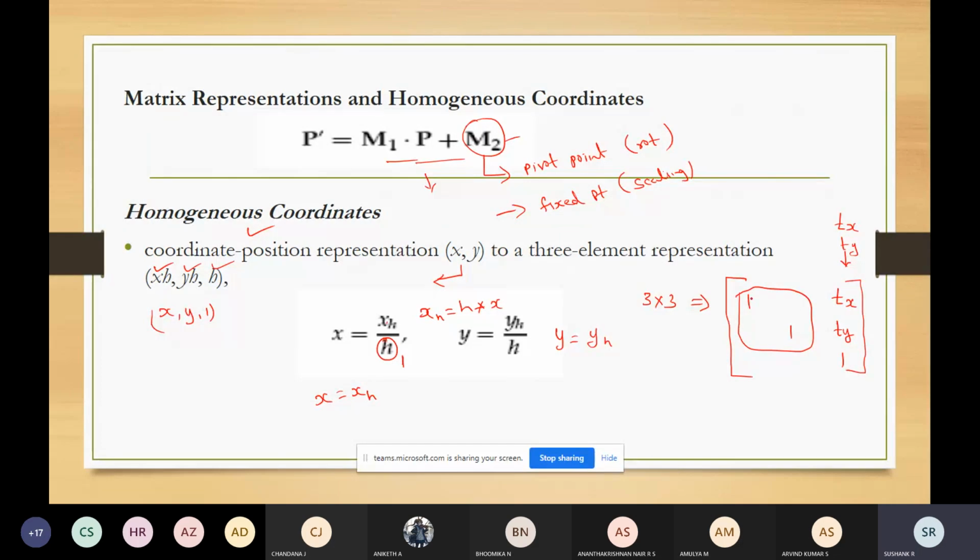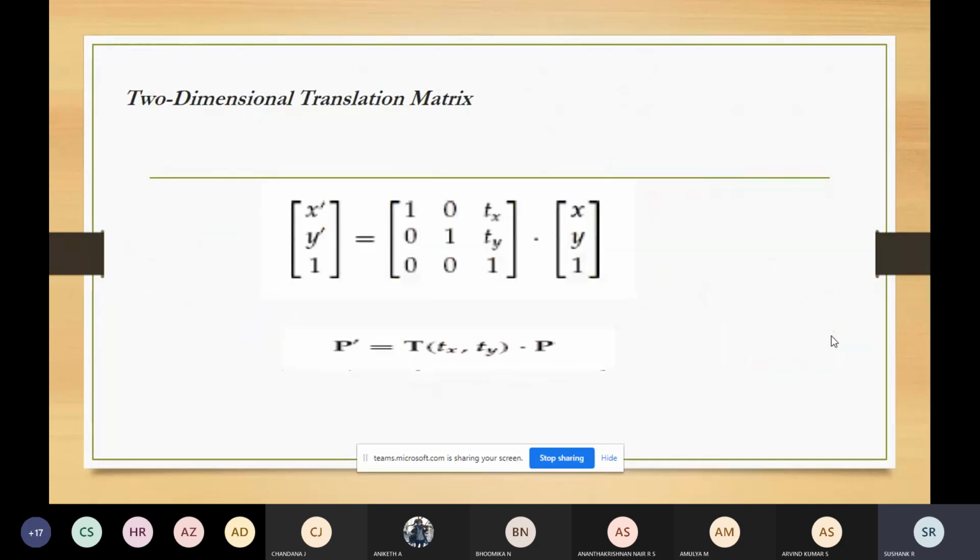When it is scaling, it takes the scaling values. So instead of representing them in separate equations, all three transformations can now be represented in a single matrix itself. Is this slide visible? Two-dimensional translation matrix.